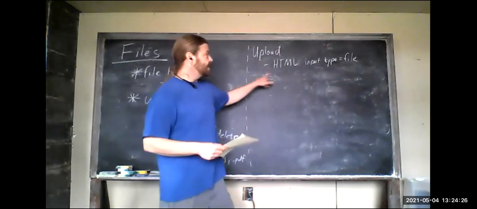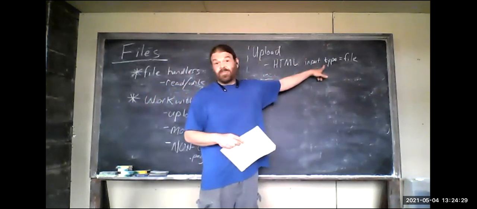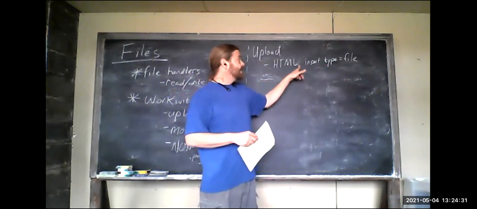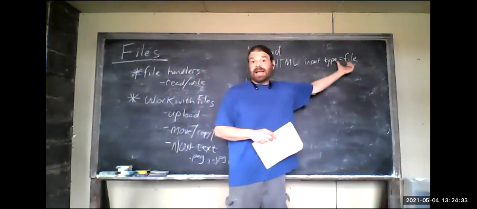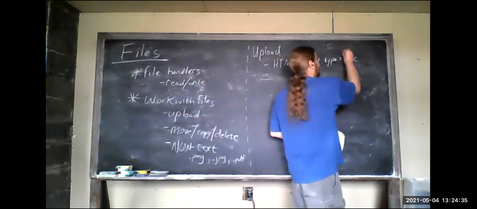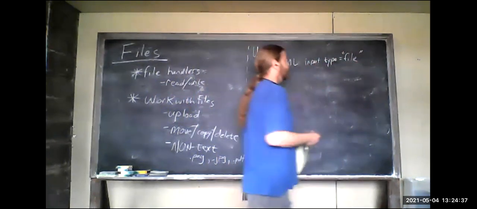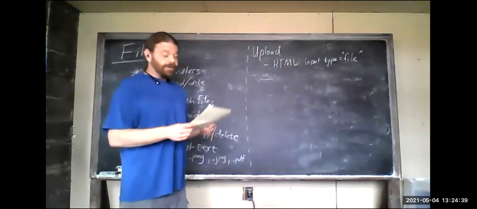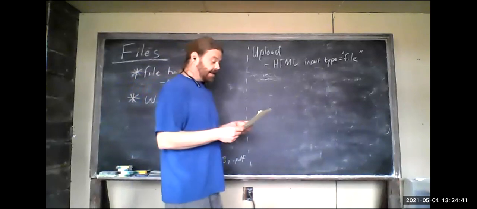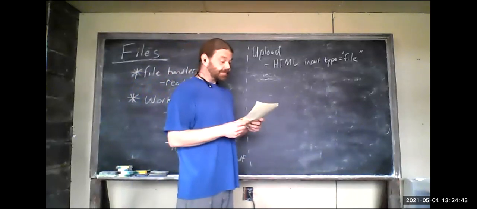That gives us something that will look real familiar when we see it. So it's the regular input tag, and we just have the attribute type equal to file. Then we want to give it a name and all those other things we've seen many times this semester.